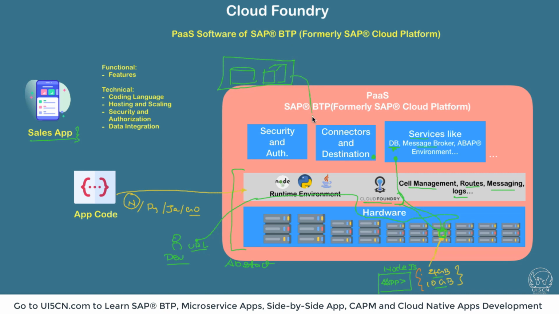Then through the connection and destination service, Cloud Foundry can provide the connection for this application to reach the customer on-premise system. So using the connection and destination services, you can use the SAP BTP platform to connect the on-premise system to your application. This is something which we will also see in our hands-on section.